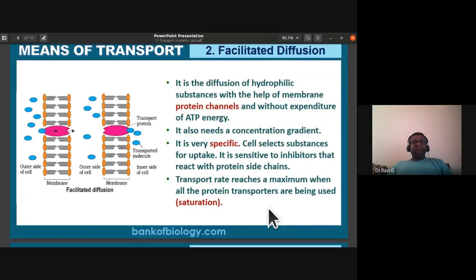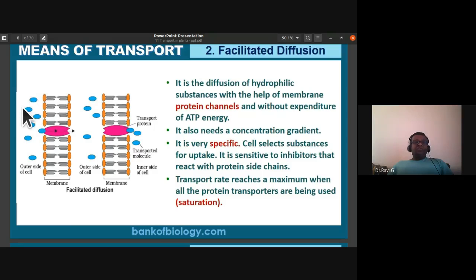Now facilitated diffusion. It is the diffusion of hydrophilic substances with the help of membrane protein channels. Facilitated diffusion is also a diffusion process, but it is the diffusion of hydrophilic, that is water loving, substances with the help of membrane protein channels and without the expenditure of ATP energy.